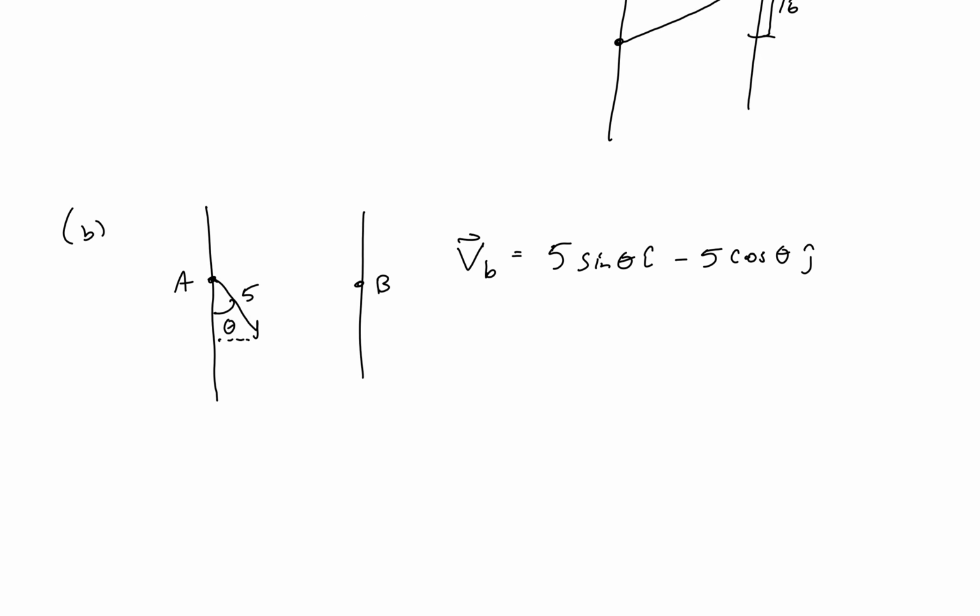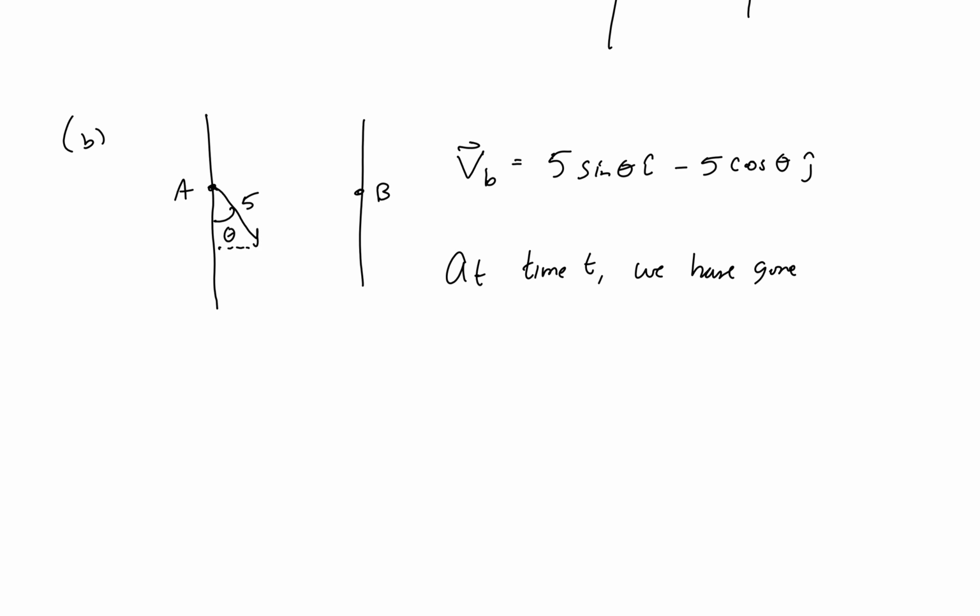So now at time t, we don't have 5t anymore because we're only going in that direction by part of it. So x will now be 5 sine theta t in that direction.